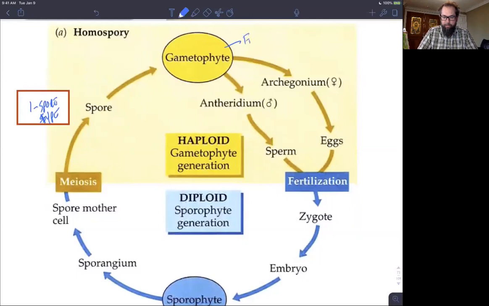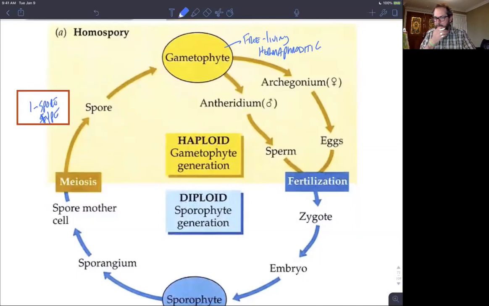They're small, typically just under the surface of the soil, and they look like a little clump of dirt. But they produce archegonia and antheridia, just like in ferns. And because we have just this one type of spore, these are also hermaphroditic. And so they produce both male and female reproductive structures on the same free-living gametophyte.